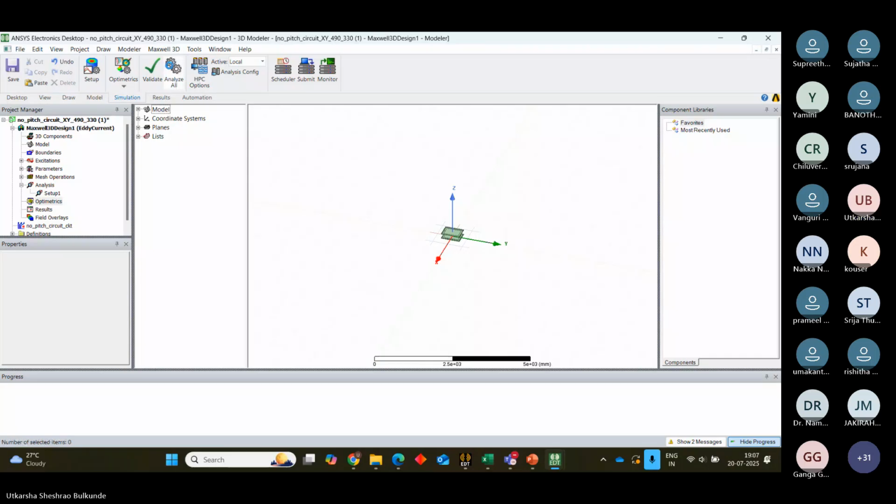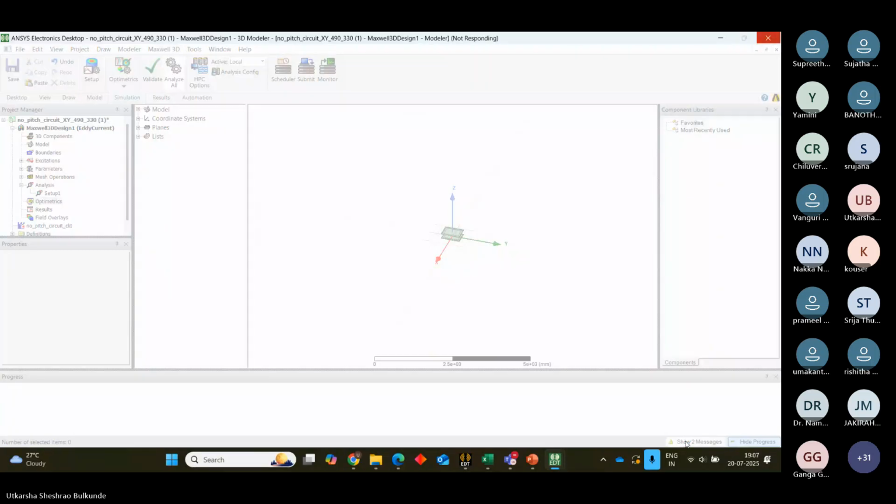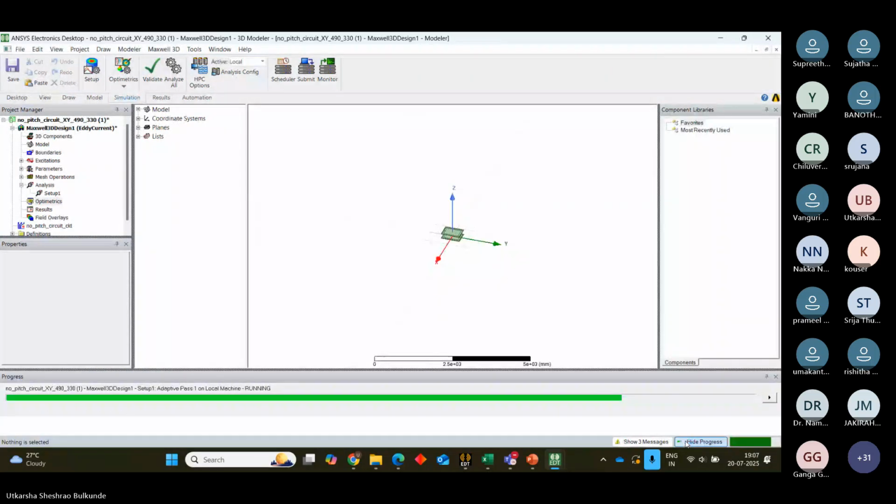Analyzer. This is the same circuit that we have drawn up.